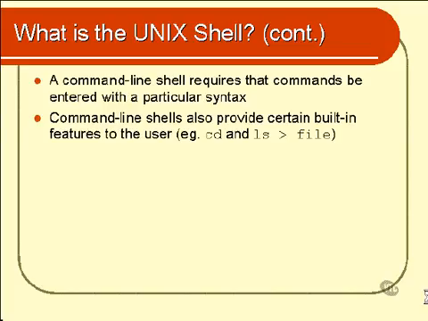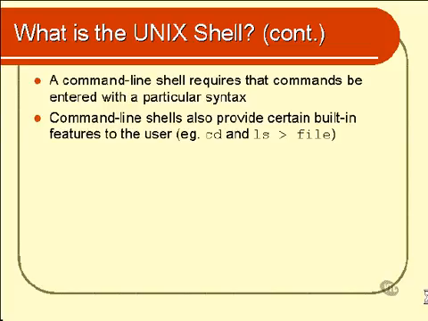Also, command line shells, the Unix shell, also provide certain built-in features for the user. And I've shown two examples there. The first one is CD. CD is actually not a Unix program. CD is a feature of the shell. There is nowhere on a Unix system that you'll find an executable program called CD.